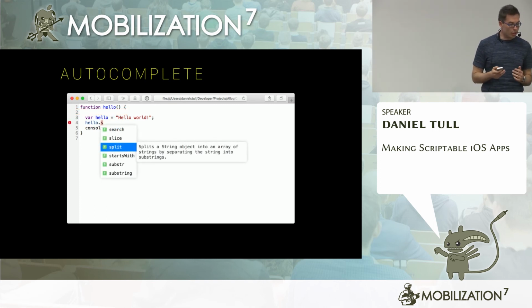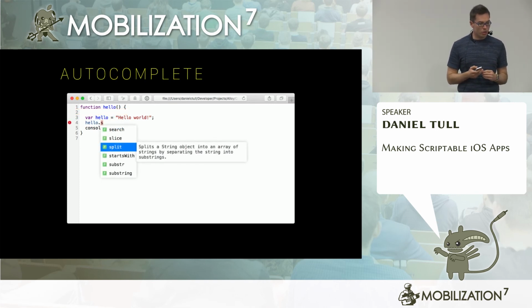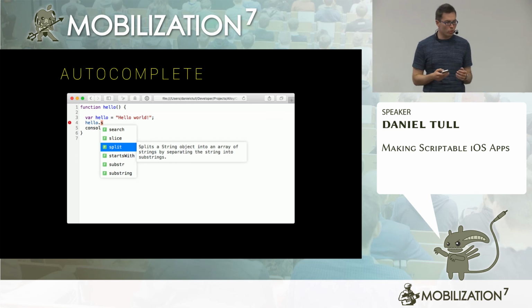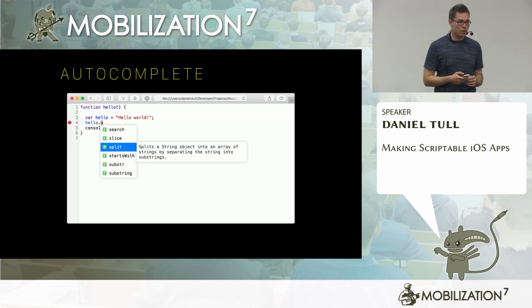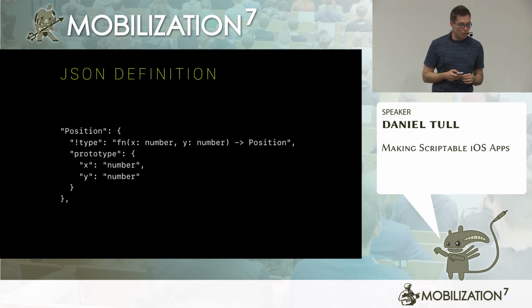I've also got auto-completion in this, so it auto-completes on the standard JavaScript stuff, and you can provide your own definitions of types with JSON, and I think there's a tool called Tern, which works with CodeMirror. I think it's done by the same guy. They work really nicely together, but the definitions look something like this. So here we've got a position, and that type says that's the constructor function, effectively.